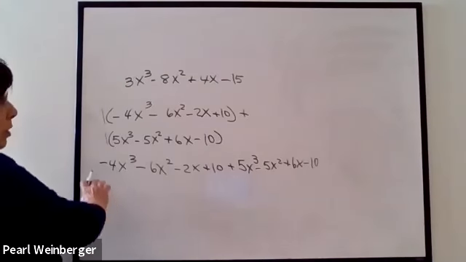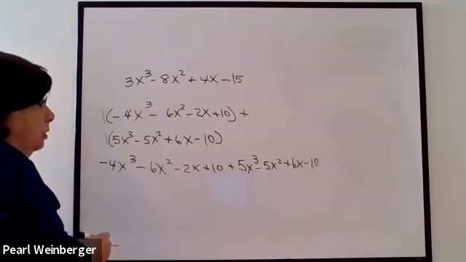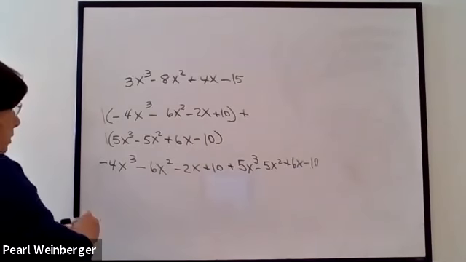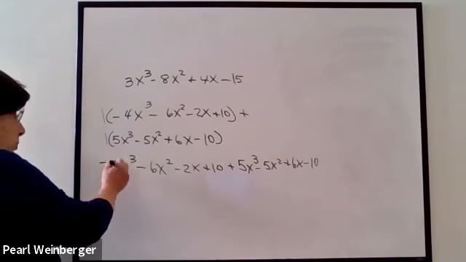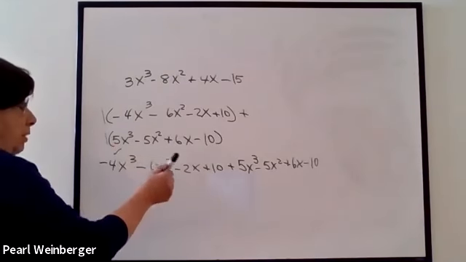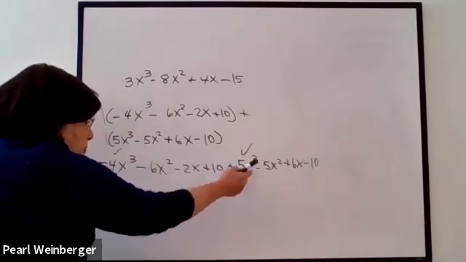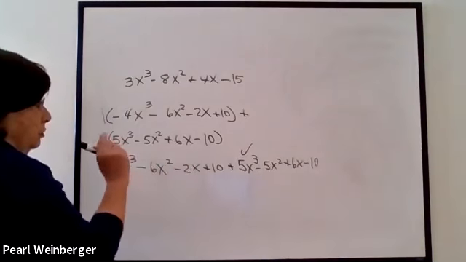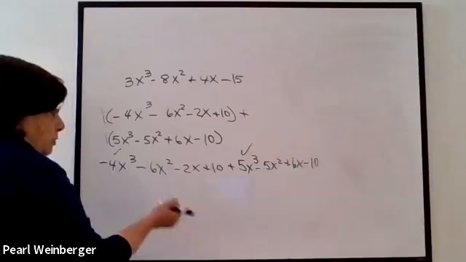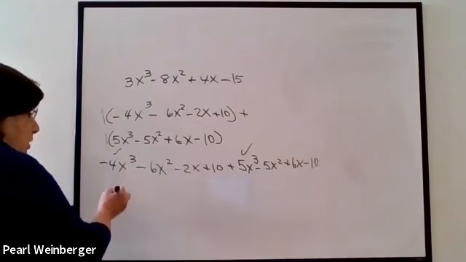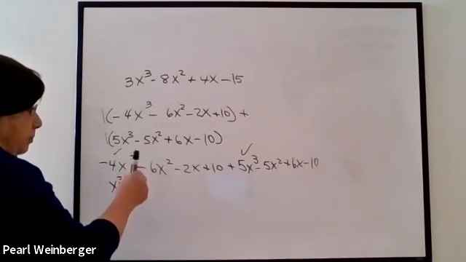Okay, now that I have everything lined up in one line, I'm going to look for like terms. So I have a negative 4x to the cubed. The only one that looks like it is the 5x cubed. They both have x to the third. So I combine the negative 4 and the positive 5, which gives me positive 1. So that gives me 1x cubed, or just plain x cubed.